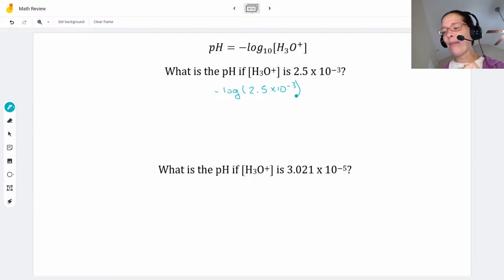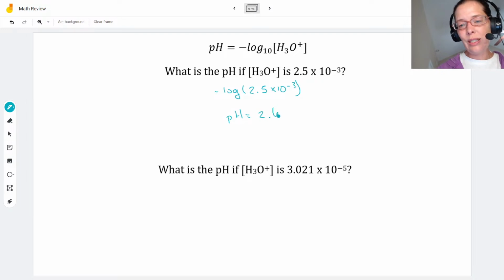The fact that I can put scientific notation in with just this E helps save me keystrokes, which I like to do as well. Okay, so then I just press enter, and you can see I get, let me see if this shows up. Yes, I get the answer right here. So that is 2.6. So we will write our answer. Our pH is equal to 2.6.